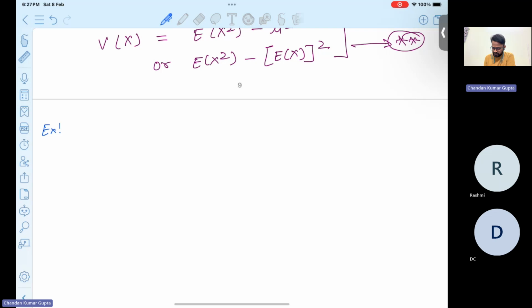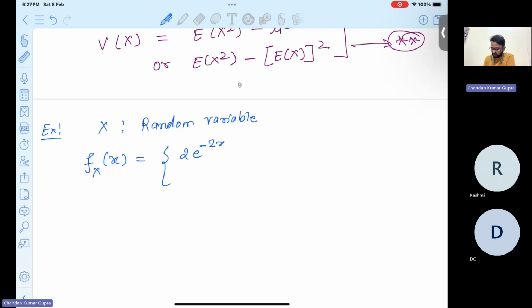Like we have discussed, x is a continuous random variable, and the PDF we have defined above is twice of e to the power minus 2x when x lies within 0 to infinity and 0 otherwise.